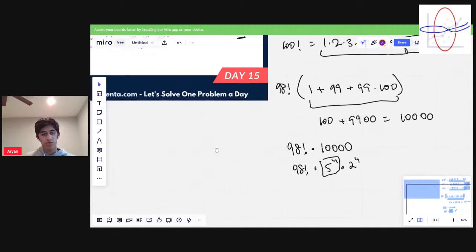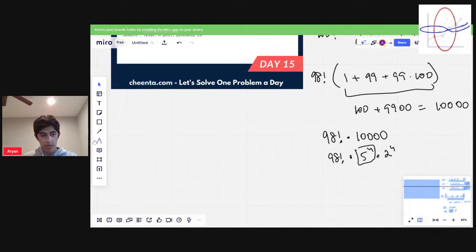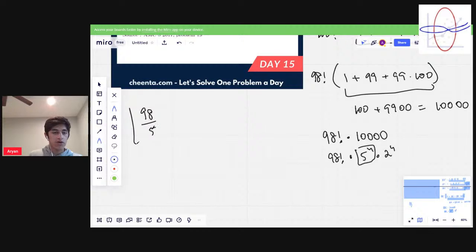To do this, we use something called Legendre's formula. It seems complicated, but basically we do 98 divided by 5 and take what's called the floor function. The floor function, as a quick reminder, is when you perform a division and take the greatest integer less than or equal to the result. 98 divided by 5 comes out to 19.6, so the floor of 19.6 is 19.